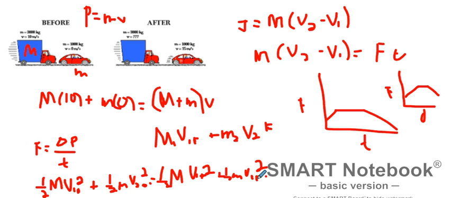So I can summarize that the kinetic energy before the collision equals the kinetic energy after the collision. Now I have a system of two equations that I can use to solve for the final velocities.